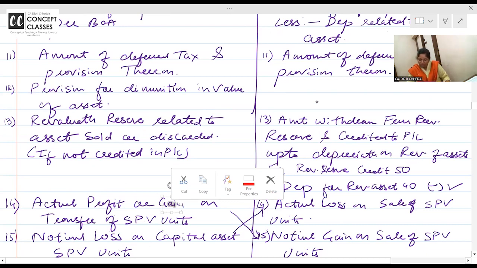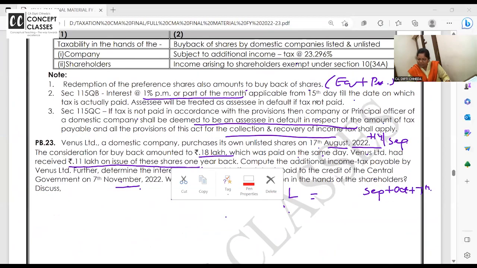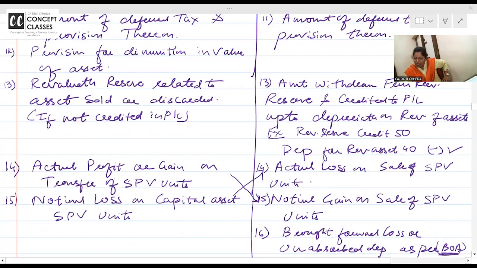Now, if there is an amount withdrawn from the revaluation reserve and credited to the P&L account, up to the revaluation of the assets, that much only you should credit. Suppose the revaluation reserve which is credited is 50, but depreciation on the revalued assets is 40. So only till 40 you deduct. Why are you deducting 40? Because 40 depreciation on revaluation reserve has already been added above, right?